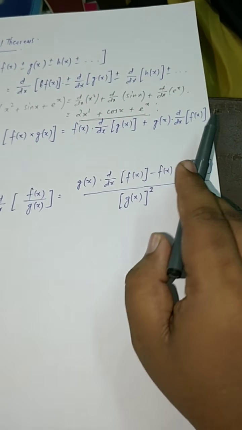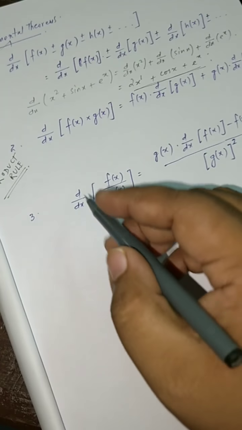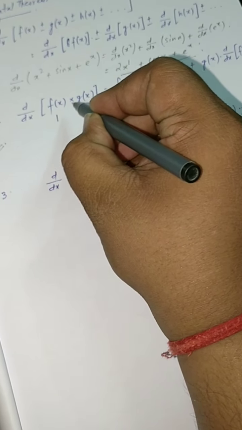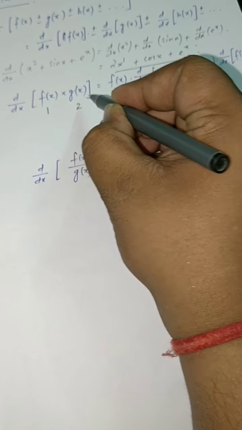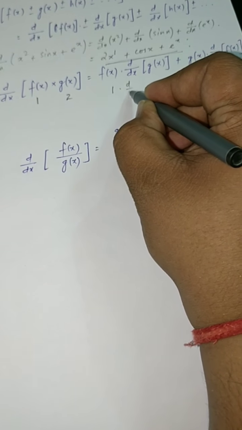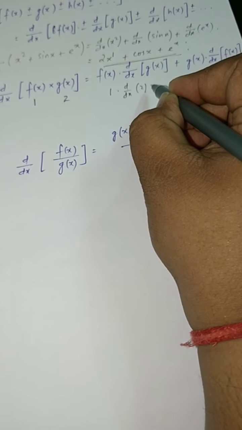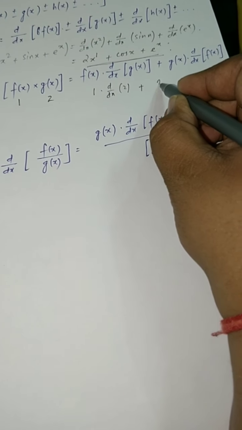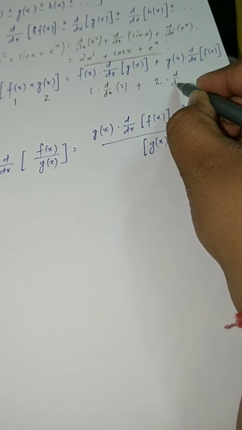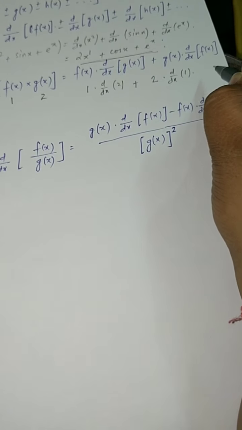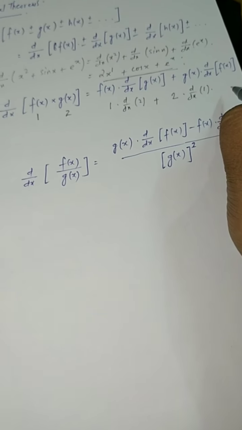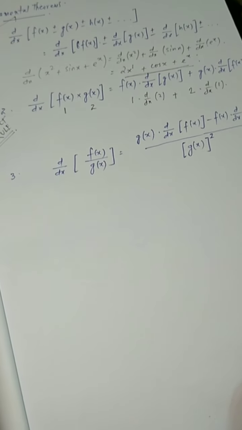So I can write, suppose this is my first function and this is my second function, so I'll write first function into d/dx of second function plus second function into d/dx of first function. If we want to extend the same rule for three functions, I'm just writing it.